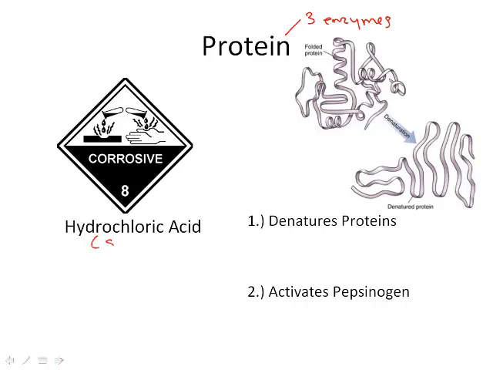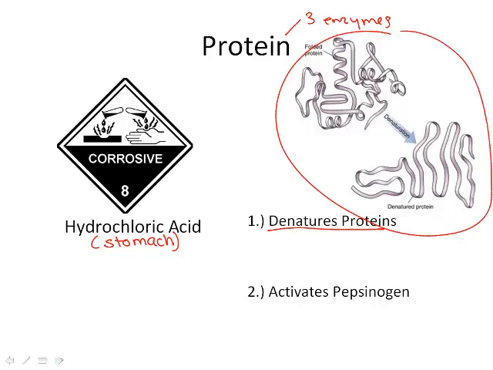The hydrochloric acid's function is to denature the proteins. As you can see here, the protein is denatured by the acid, and it basically unfolds the protein so the enzyme can break it down easier.